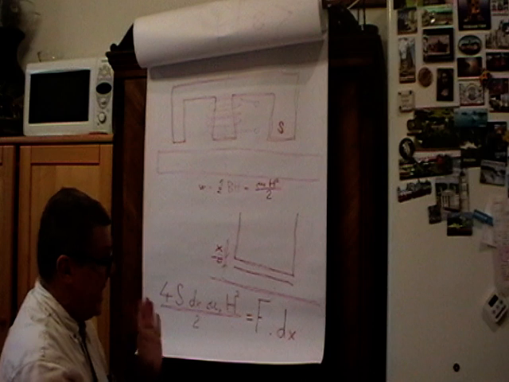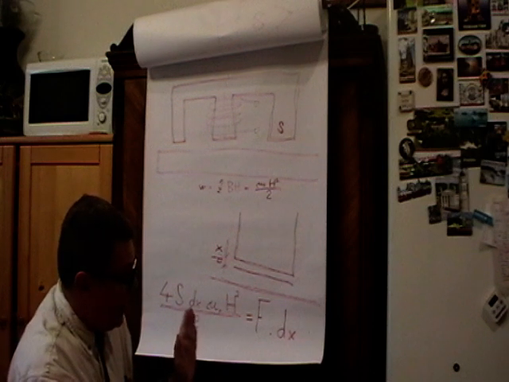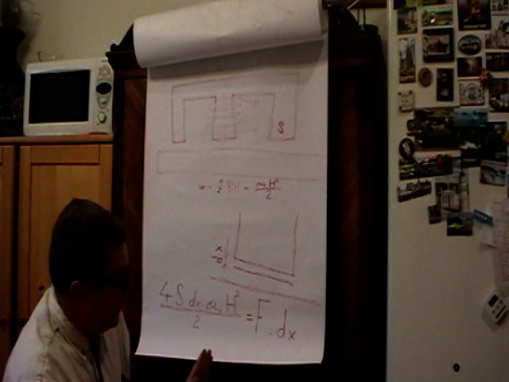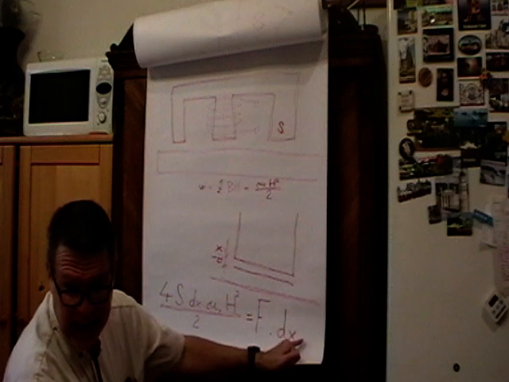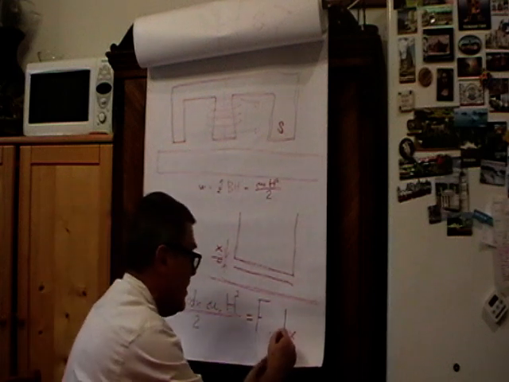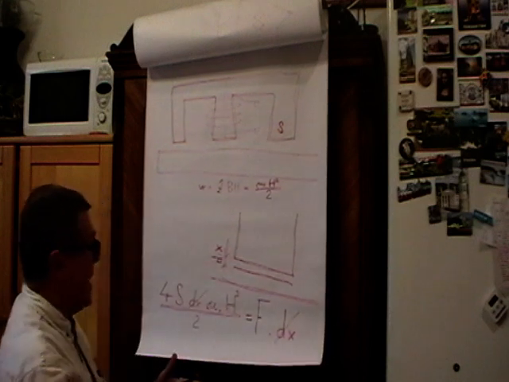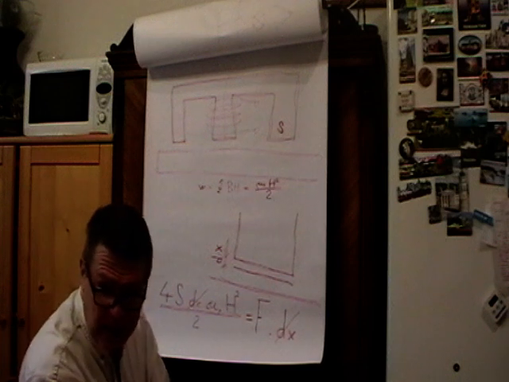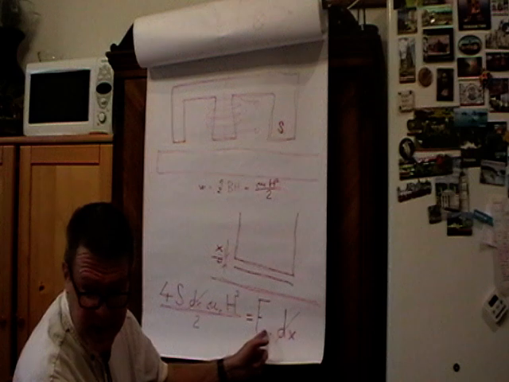Now you can see that based on this we can cancel the displacement dx on both sides of the equation. So we can cancel the x here and we can cancel the x here, and what we have been left with is an equation for the force.